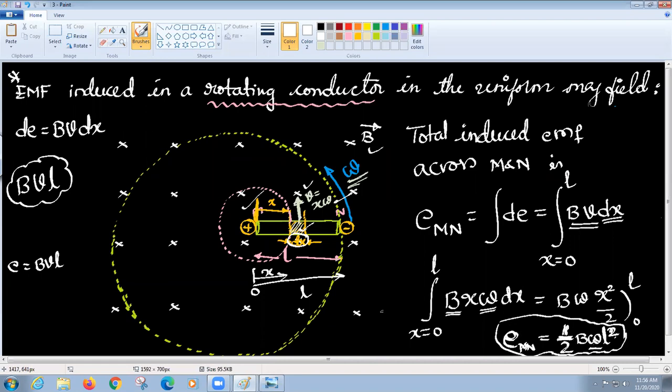Also it is proportional to the angular speed. If you rotate this conductor with high angular speed, you can enjoy high induced EMF. Are you able to understand these things? Rotation, just rotate fast. If you rotate fast, in less time dt, you will cover more magnetic flux. So more magnetic flux will change in less time, therefore more EMF will be induced.